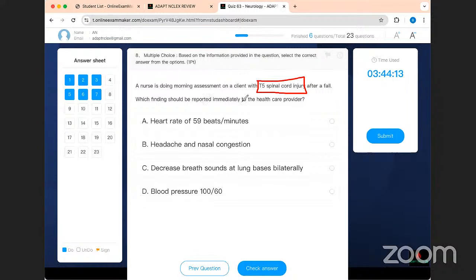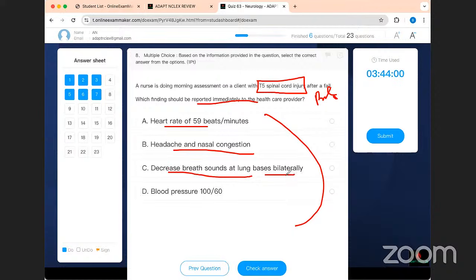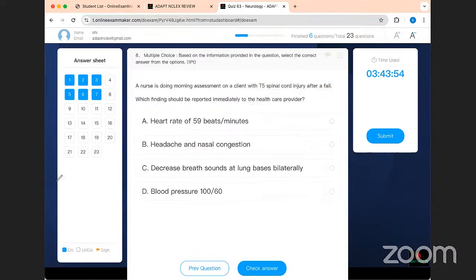And which one you need to report is a priority. All these things may be bad: heart rate of 59, headache and nasal congestion, decreased breath sounds in the lung bases, and the blood pressure of this. They are all not great. But if you have to pick one, which one would you pick to take care of this patient? That's all.